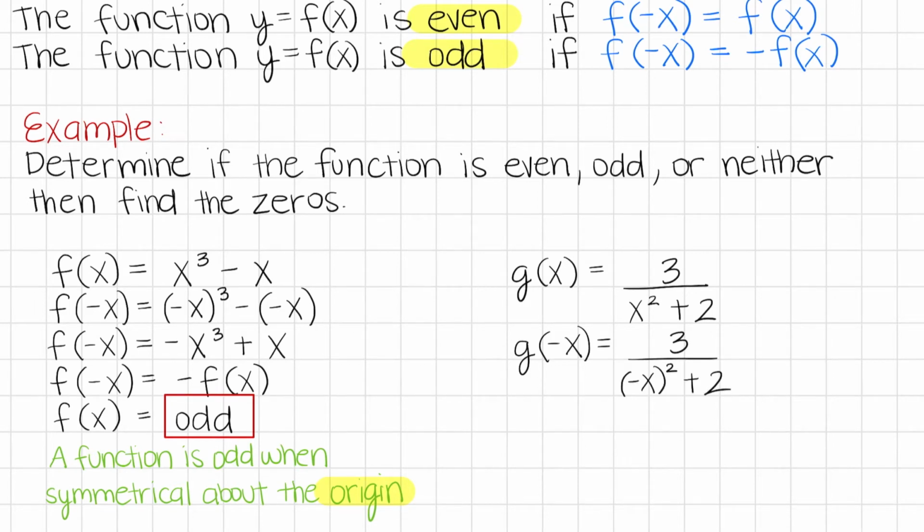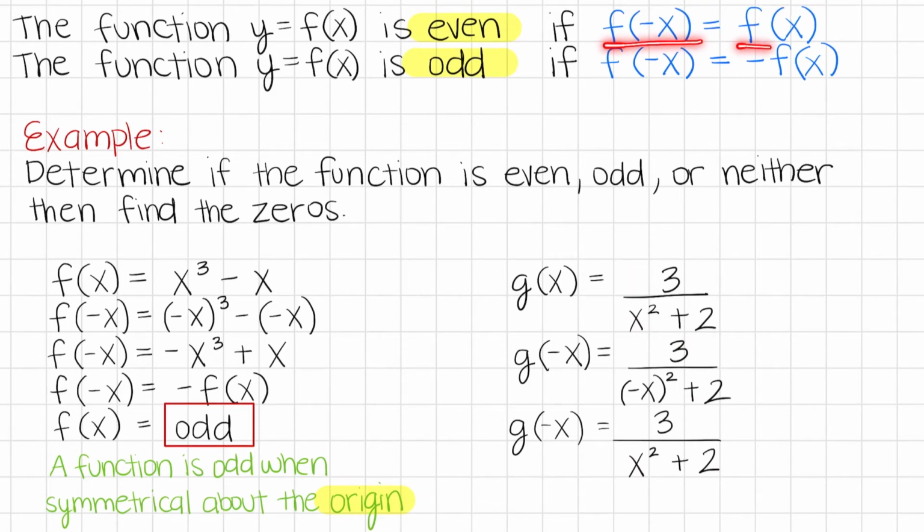And if we simplify that, we get that g of negative x equals 3 over negative x squared would be positive x, so x squared plus 2. And if we look at our original function given, that g of x equals 3 over x squared plus 2, we got the exact same thing. So g of negative x equals just g of x. Therefore, g of x is even.